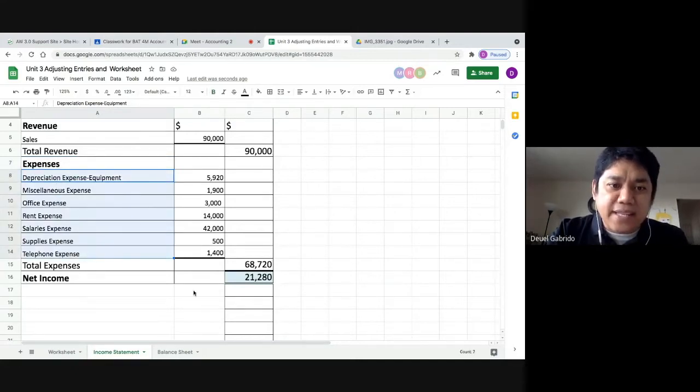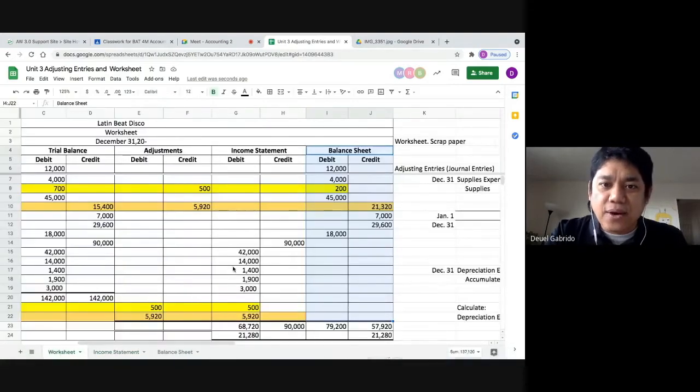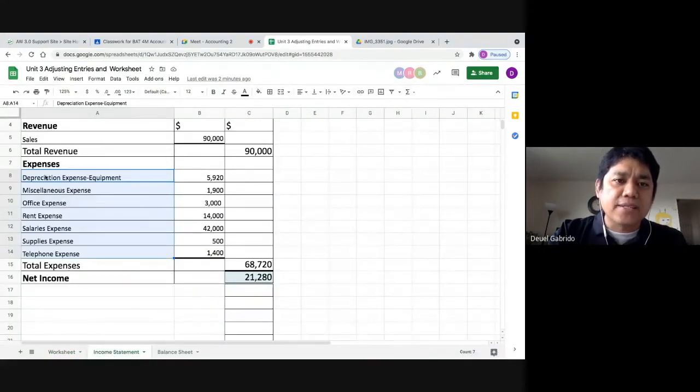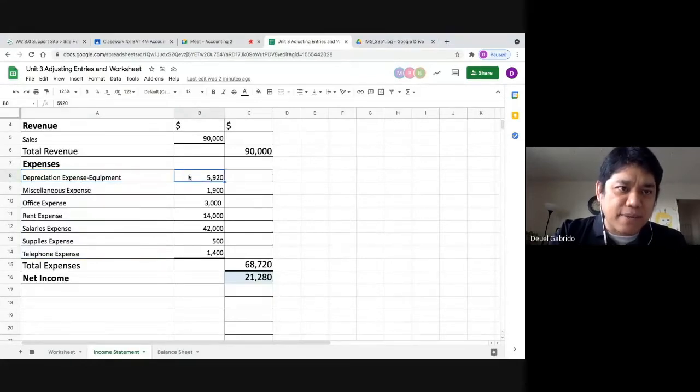Where did I get these numbers? From the worksheet. I took these numbers, but I arranged them in alphabetical order, so first in the order is the depreciation expense, because it's letter D. And the rest, I just copied. Then, of course, total expenses.